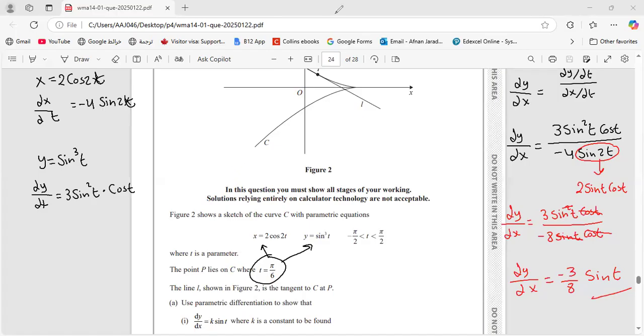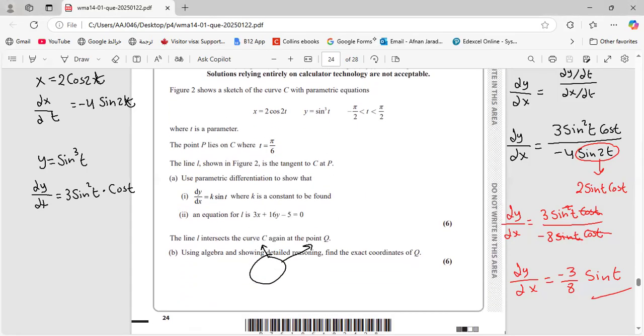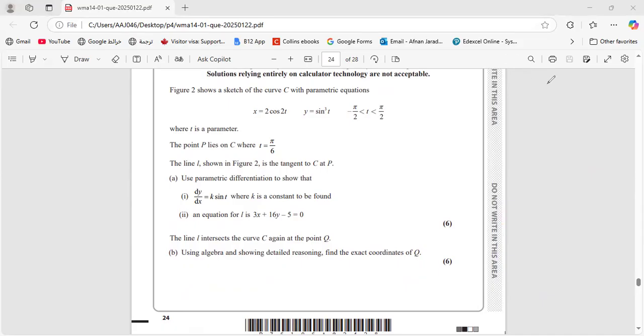Okay, going to question B. Sorry, A double I. What is the equation? Show that the equation of L is 3x plus 16y minus 5 equals 0. To find the equation of any line, you need a point and gradient.